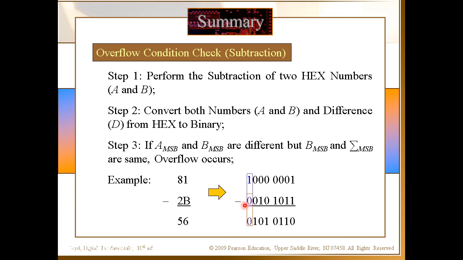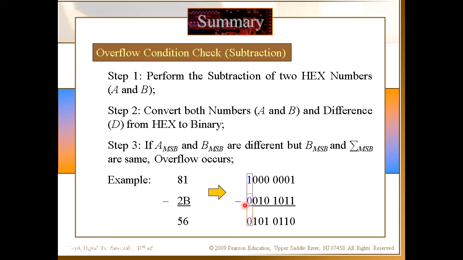And the answer will be either yes or no, because all we want to know from you is whether the overflow condition occurred or not. Now, if the overflow condition occurred, that means the answer is incorrect. You cannot fix it, but you know the answer is not correct. You know what I'm saying?